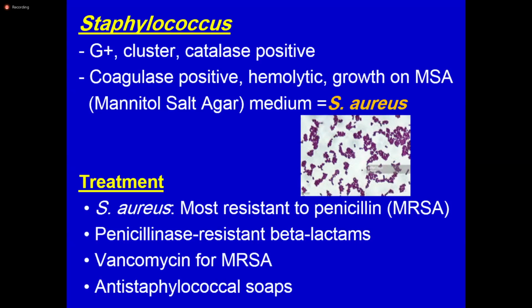Because they produce beta-lactamases, penicillinase enzymes, which can destroy the penicillin. So when you treat such infections, you have to use beta-lactam drugs which are penicillinase resistant. For MRSA, you have to use what? Vancomycin.